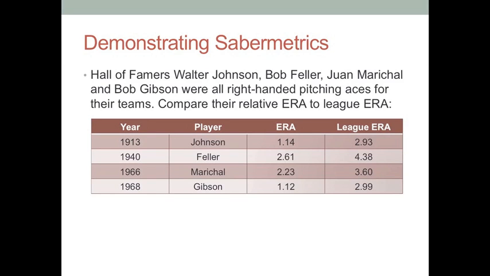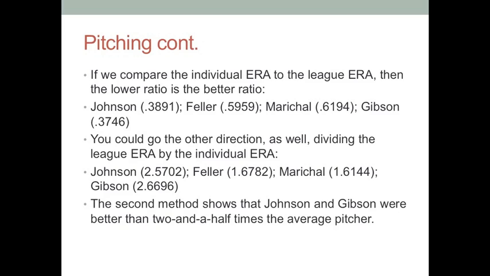Now we're going to look at pitchers, at a number of Hall of Famers: Walter Johnson, Bob Feller, Juan Marichal, and Bob Gibson, from a variety of different eras. And here we have their earned run averages for each one. So if we compare the individual ERAs to the league ERAs, the lower ratio is the better ratio.